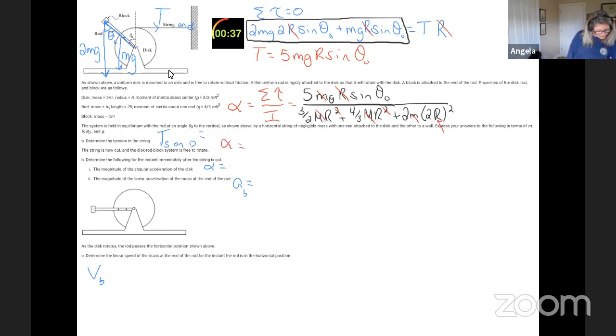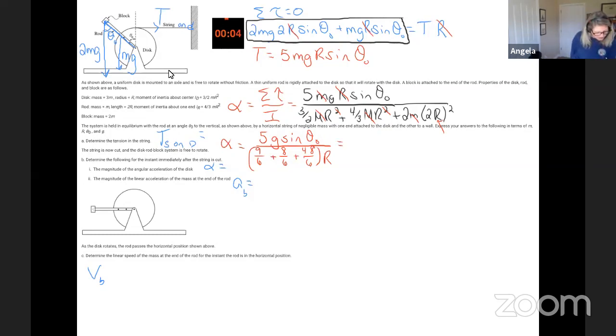So alpha is 5g sine theta naught on top divided by, I think the common denominator is going to be 6, right? So this will be 2 times 3, so 9/6 plus 8/6 plus 2 times 2 is 4 times 8, 48/6. And then it's just r on the bottom, right? Because we canceled one of the r's. All right.